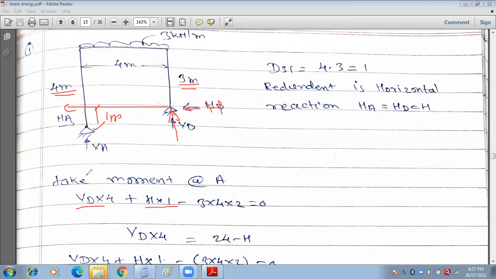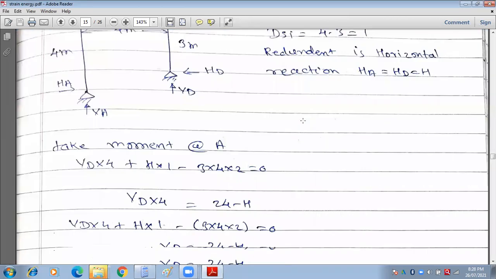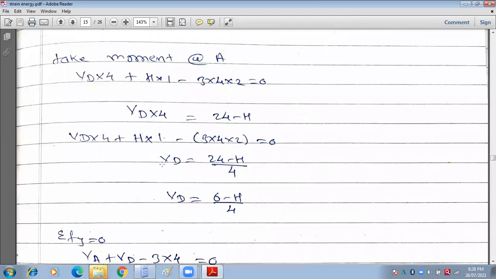H into 3 makes an anticlockwise moment again, and the UDL makes a moment of 3 into 4 acting at a distance of 2 meter, that's why 3 into 4 into 2. Now solving this, Vd into 4 is equal to 24 minus H. Now we have to find the H value, and from this, Vd is equal to 6 minus H by 4.